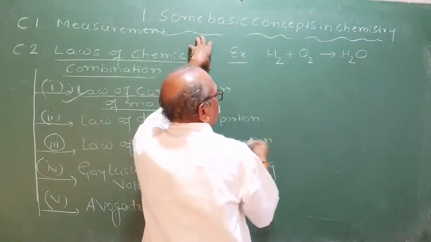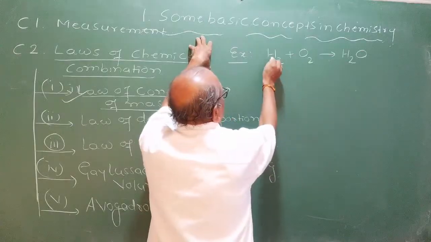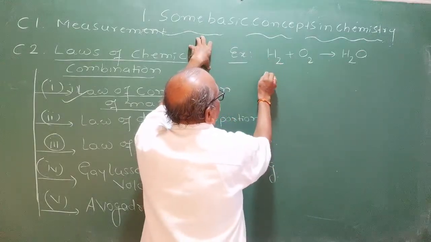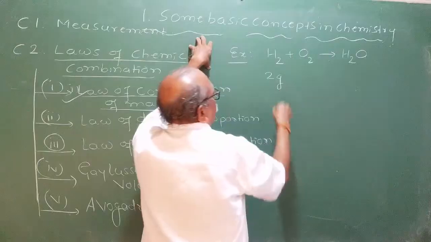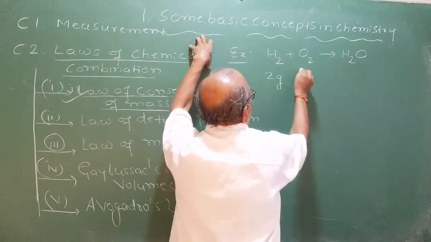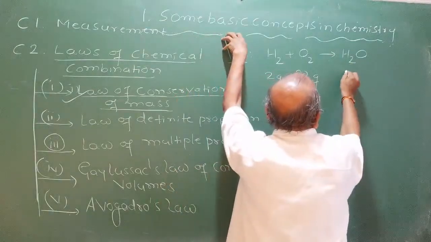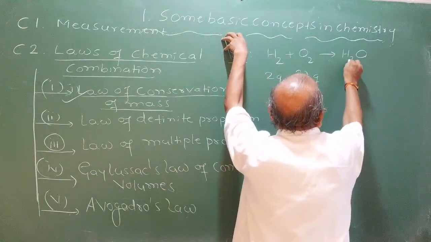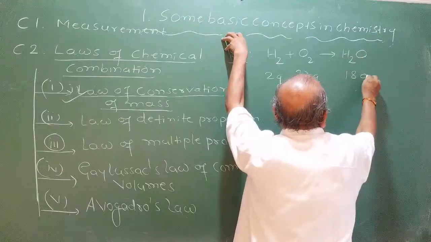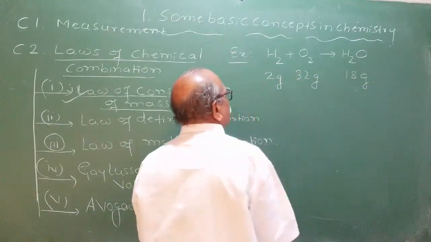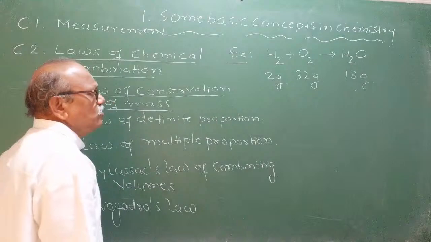If you take the atomic masses here, the atomic mass of hydrogen is 1. Therefore, you will get 2 grams of hydrogen. Oxygen is 16, two times is 32 grams. And water consists of 18 grams: hydrogen 2, oxygen 16, plus 2, 18 grams. You studied how to calculate molecular weight at school level.